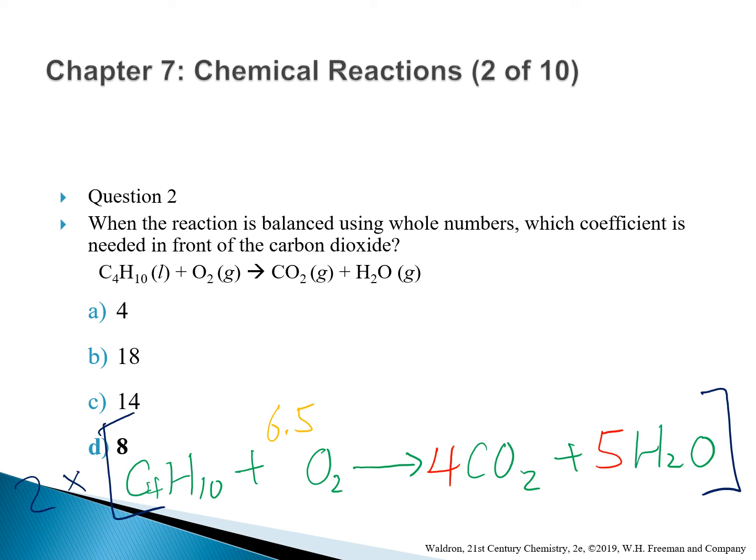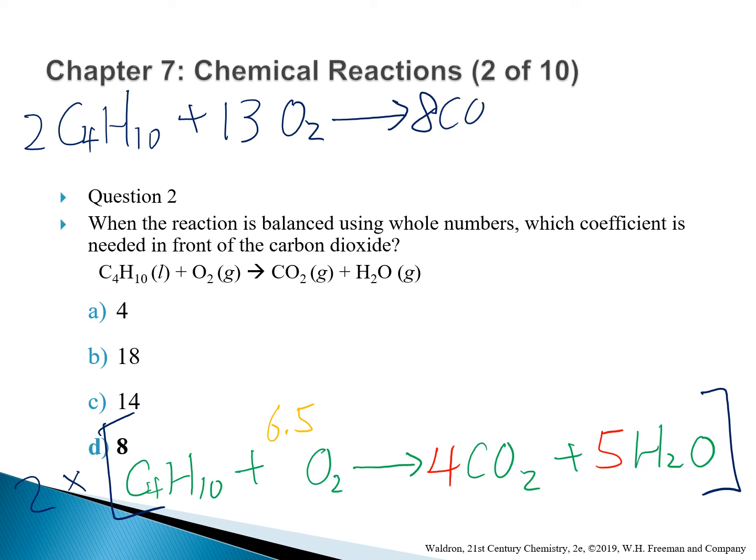Okay, now I will have 2 C4H10 plus 2 times 6.5, that's 13, O2 give you 8 CO2 plus 10 H2O. Okay, let's check our answer.